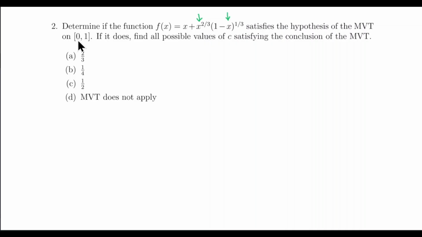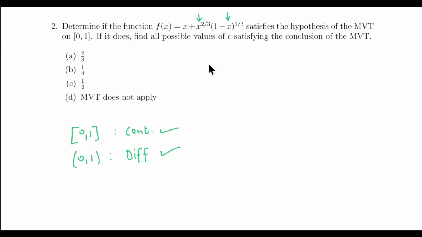But like I said, differentiability is on the open interval, not the closed interval. So yes, this is continuous on the closed interval 0 to 1, and this is differentiable on the open interval 0 to 1. Since both these happen, MVT is definitely applicable.